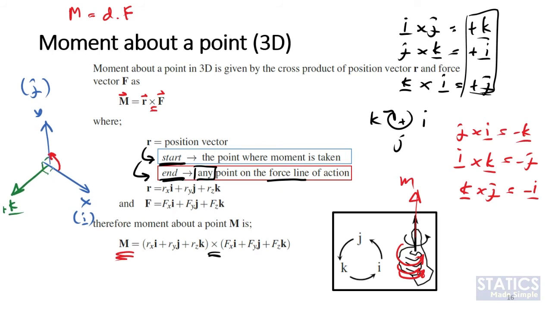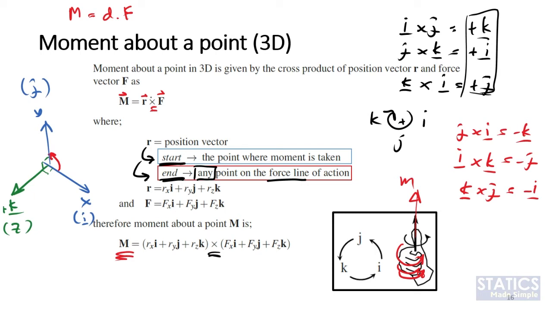So that's how we know that the angle between the Z and X axes must be 90 degrees, and the angle between the Z and Y axes must be 90 degrees as well. It's based on this cross product. So remember, the direction from i to j to k gives you a positive direction. If you reverse this, it will be negative.